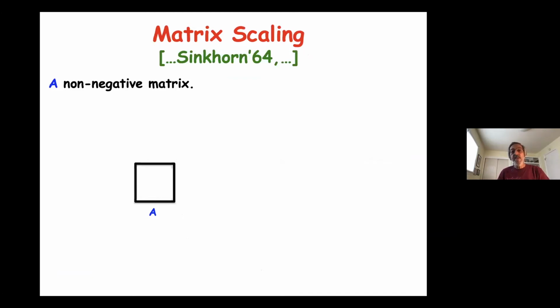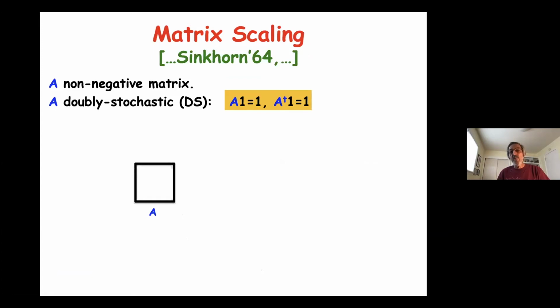What's the matrix scaling problem? The input will be a non-negative matrix. It can already be a doubly stochastic matrix. I remind you that a doubly stochastic matrix is one whose row sums are 1 and whose column sums are 1. Okay, but maybe the matrix is not doubly stochastic and we want to make it doubly stochastic. Okay, good. So what are the rules I allow to make the matrix doubly stochastic?